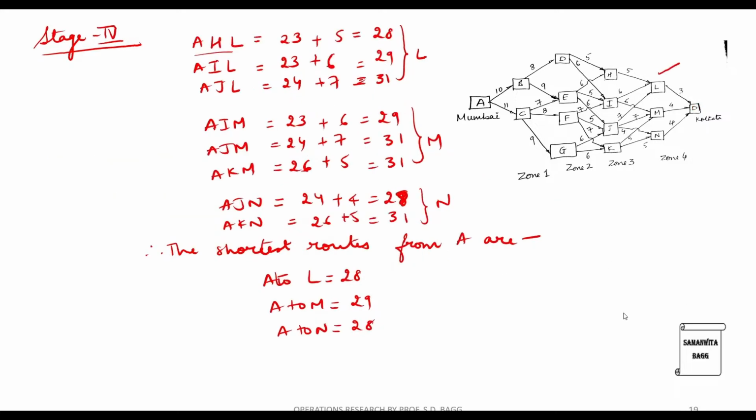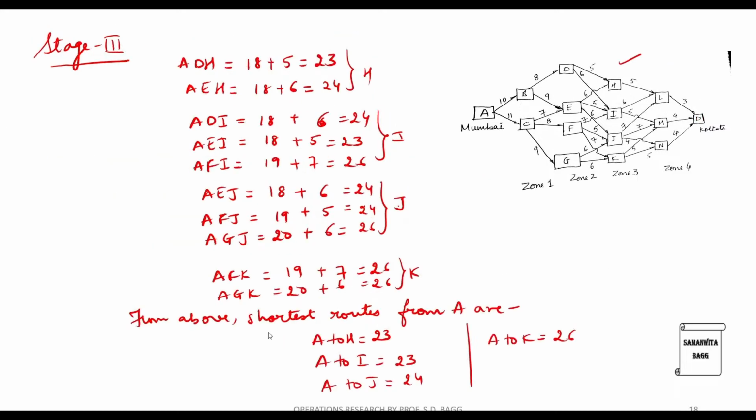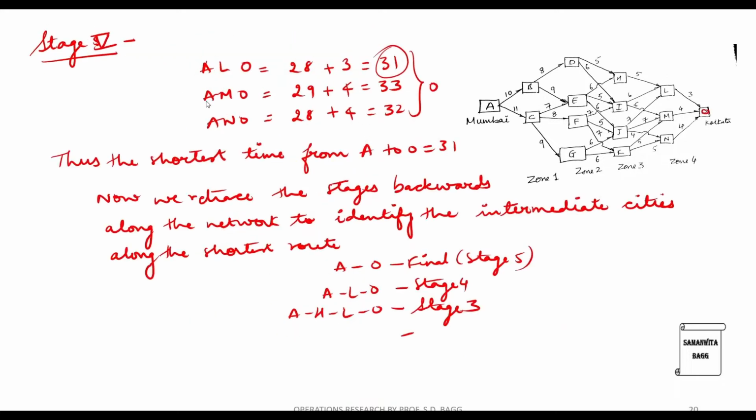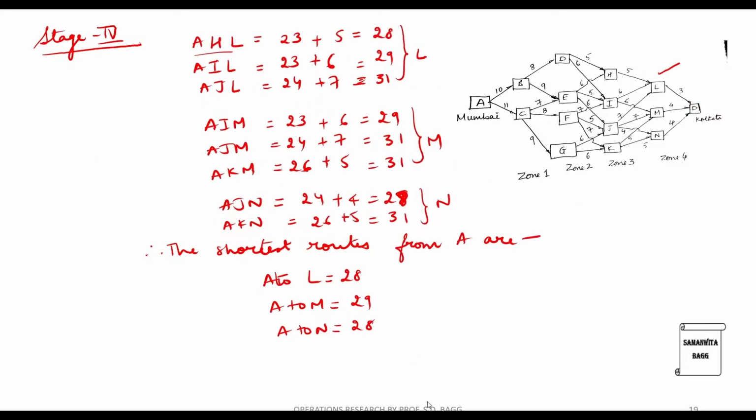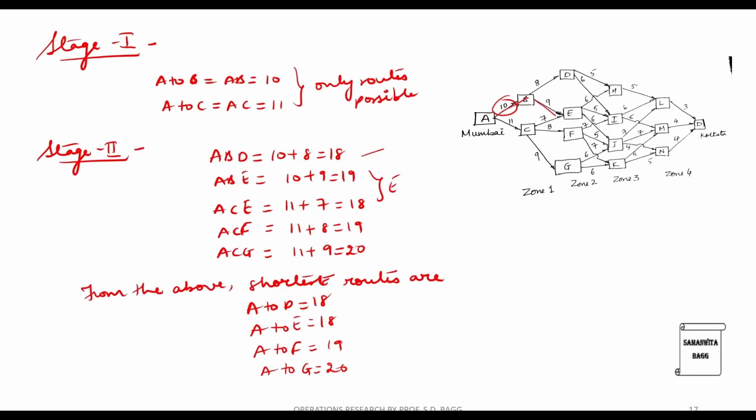When you go to AHL, A to H minimum is 23, which is through D. So this is the path to be chosen. So I will write down over here A, D, H, L, O. And in the first stage, A to D. Let's see which is the minimum value.